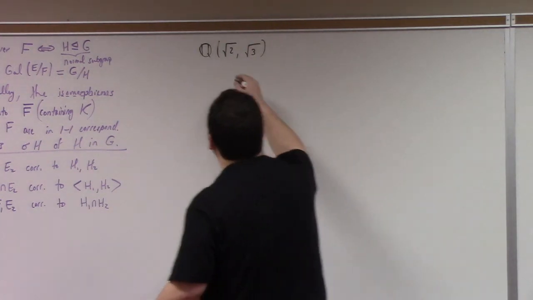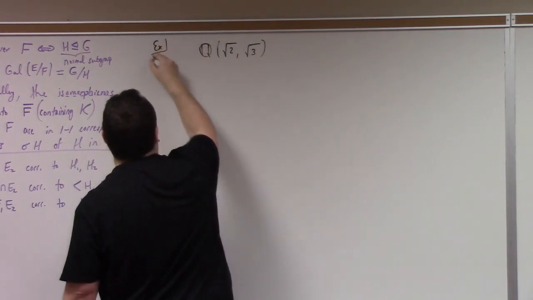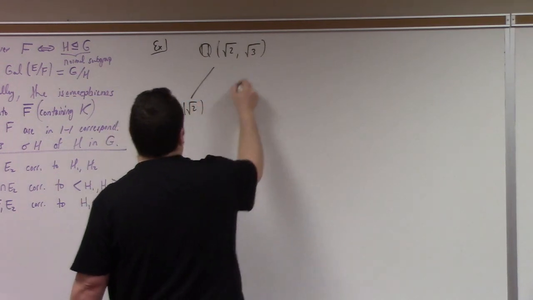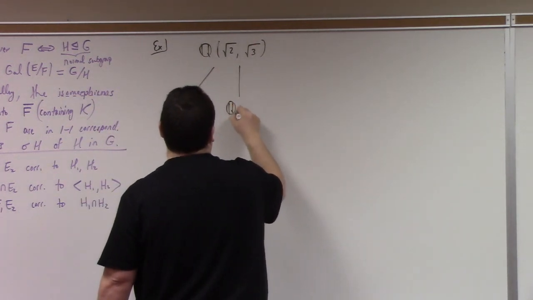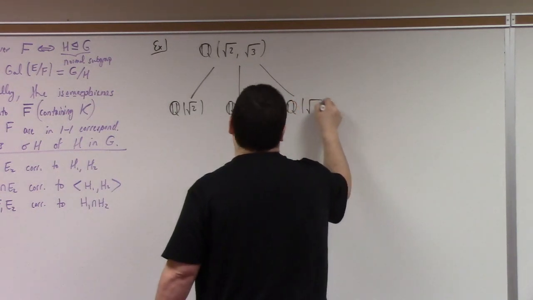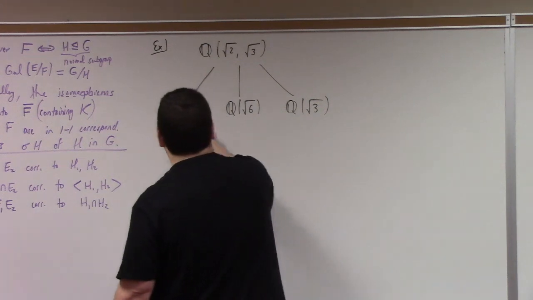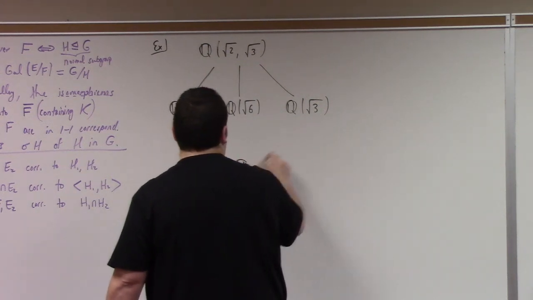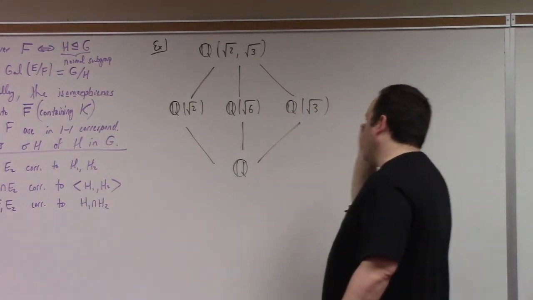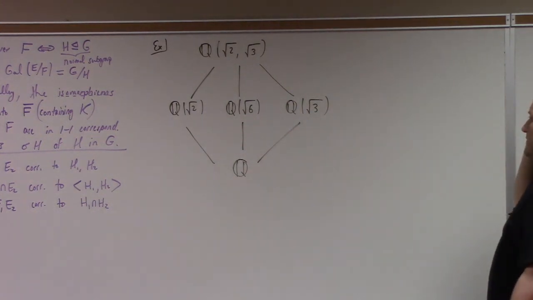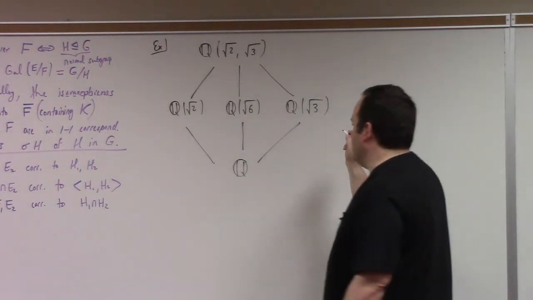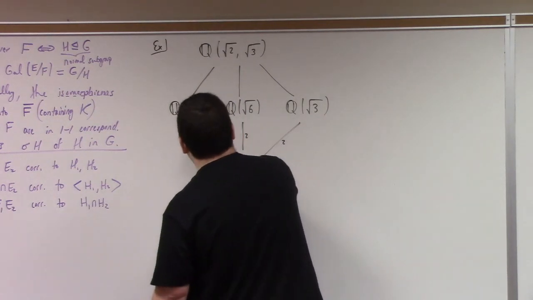We had Q adjoin root 2, Q adjoin root 6, and Q adjoin, what's the other one? Root 3. And those are all over Q, right? It's 2's all around, these are all degree 2 extensions, right?